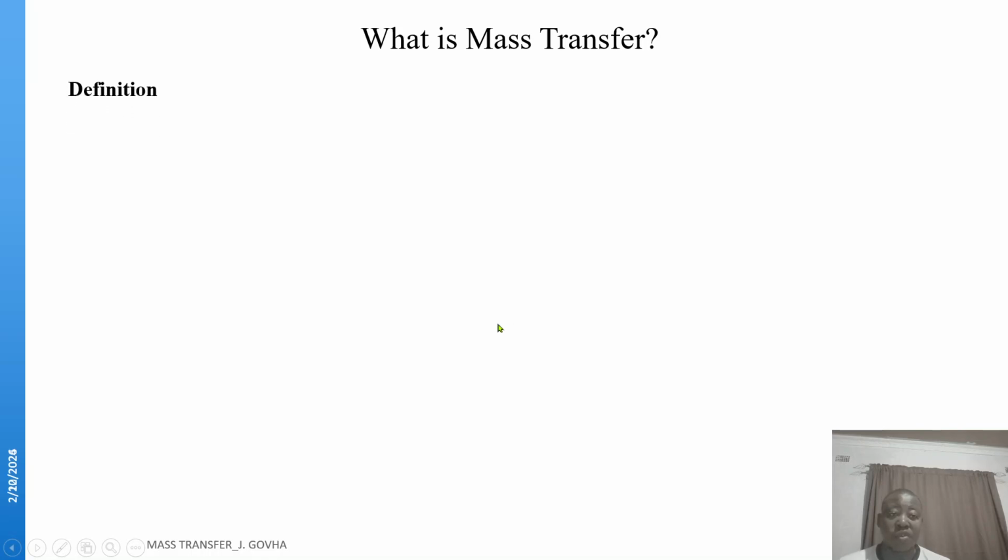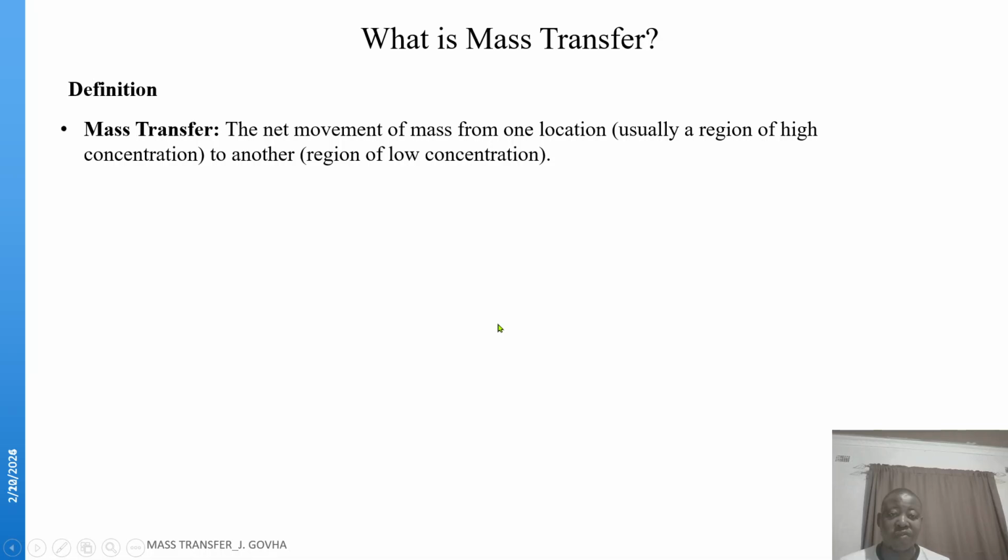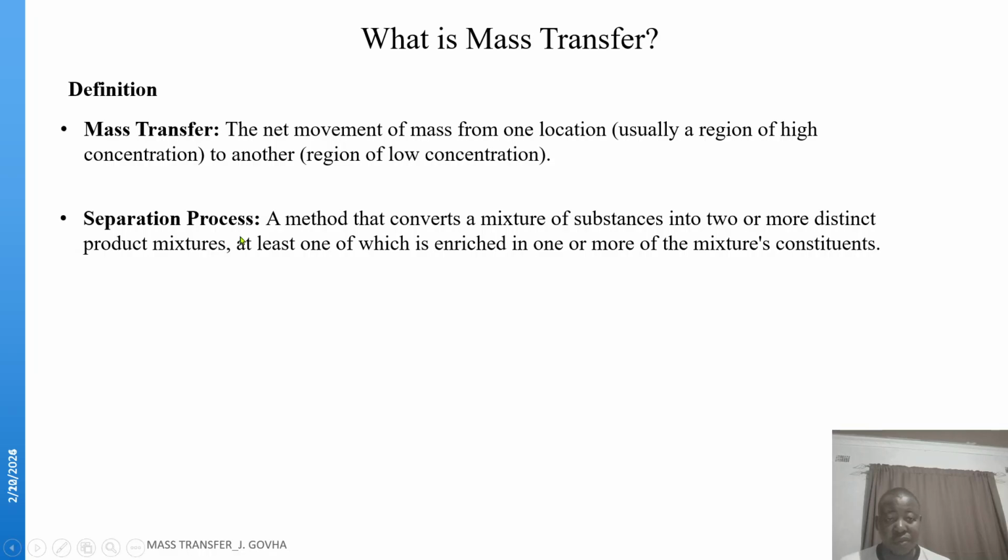Let's start by looking at what mass transfer is and how it's defined, which is basically the net movement of mass from one location, which is usually a region of higher concentration, to another of low concentration.